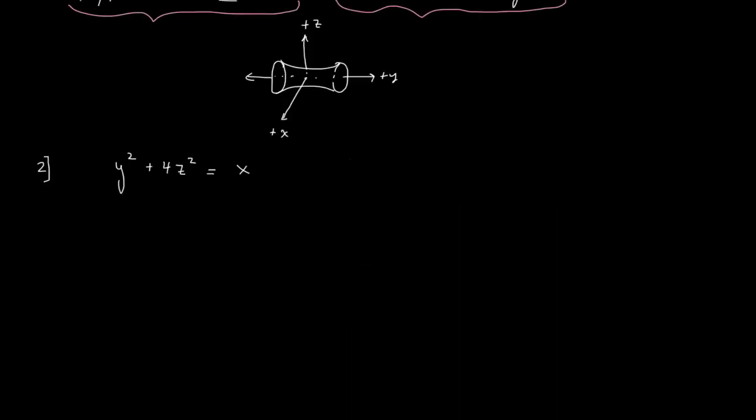And the next one, we will first notice that this is a function. x is a function of y and z, so perhaps that narrows down our choices. Okay, so what can we take away from this? Well, let's see. We have two positive quadratic terms, and that equals x. So this is telling me a paraboloid, and it's opening in the positive x.